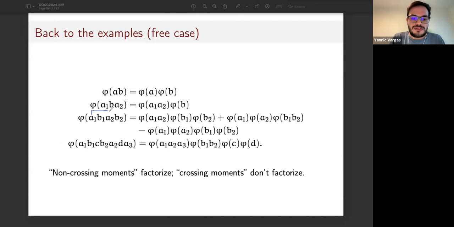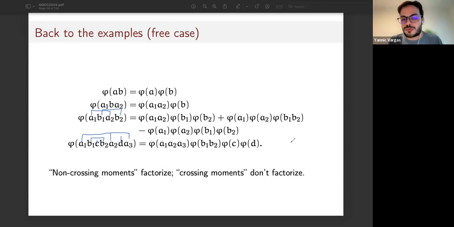So, for example, if I join the free variables, the A with the B, I have this crossing. If here I join the A's together, the B's together, the C's, the D's together, so as soon as I make this process and I get a non-crossing partition, then phi splits nicely.